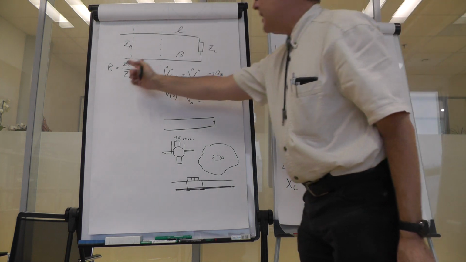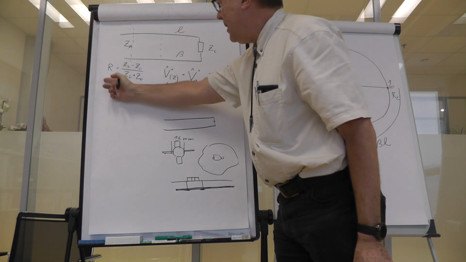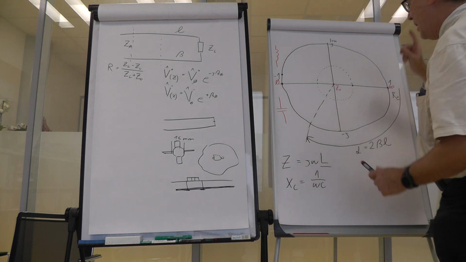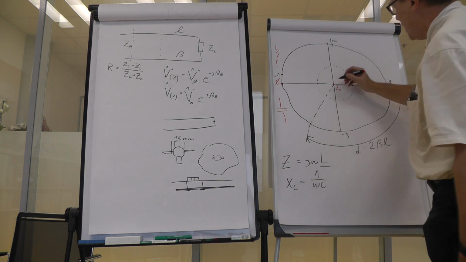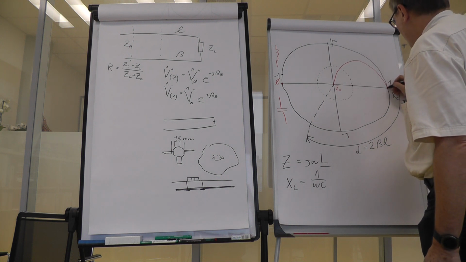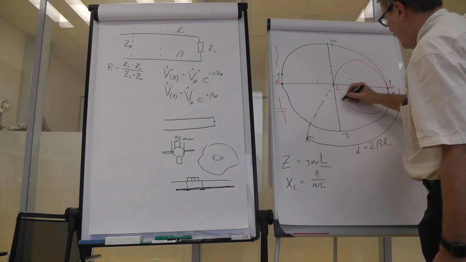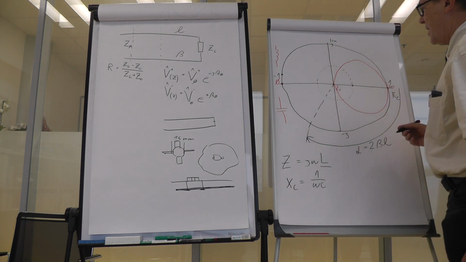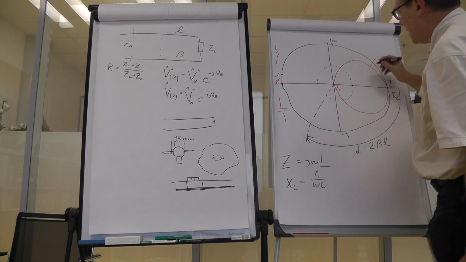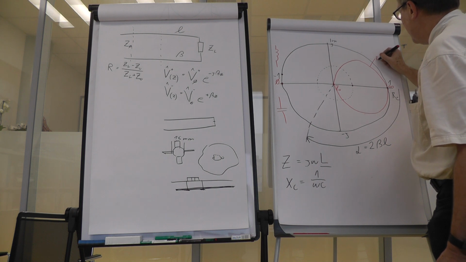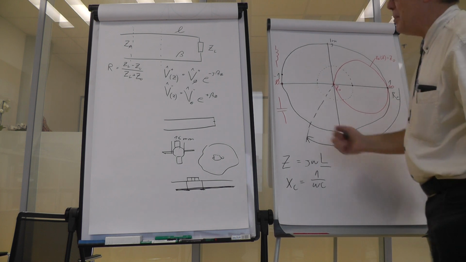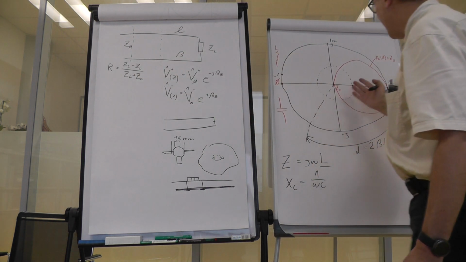Now, if we investigate this equation, we could easily find out that there is a special circle, and this circle has a special property: the real part of the impedance is equal to the impedance of the transmission line.